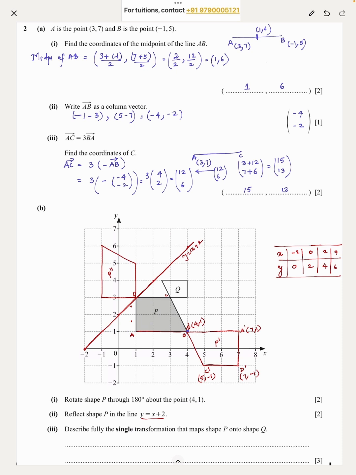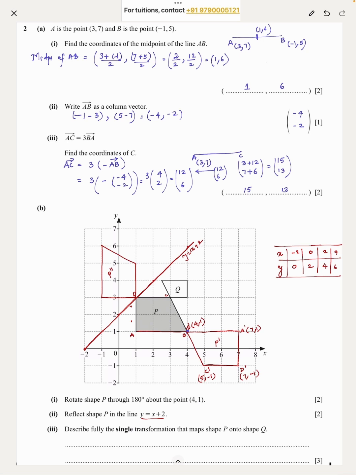Now the third one, describe fully the single transformation that maps P onto Q. So P onto Q. As I said, first what I observed was P and Q. Q is looking like a miniature of P. Fine. So how to get that?